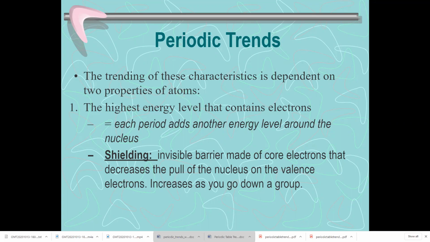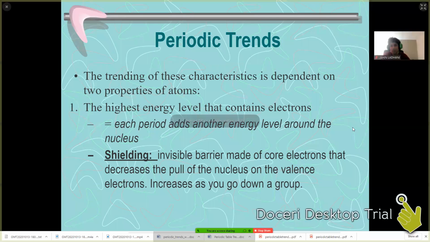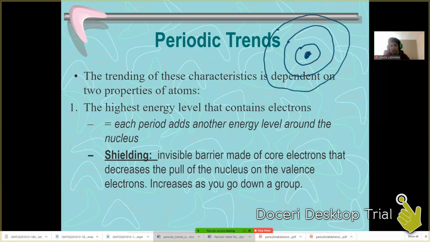So the reason that we see a trend within a group is because as we move down a group, as we go from period to period down a group, another energy level is added with each period. So if this is my nucleus, that would be the elements in period 1, elements in period 2, elements in period 3, and that would continue obviously down to period 7.